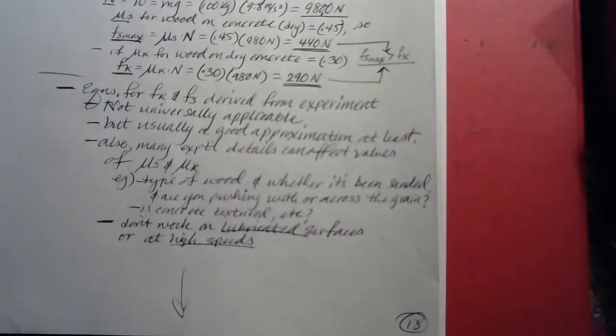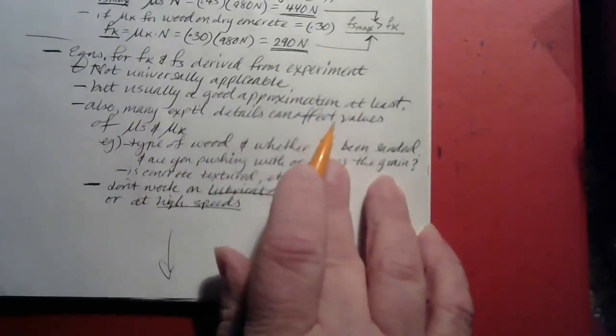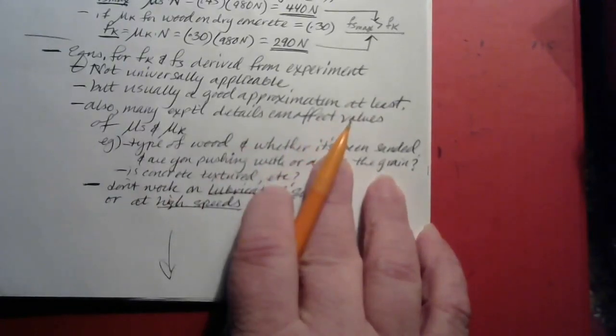And so there are a lot of cases where they don't really work. They're useful in some cases, but you have to be careful in using them. They're not universally applicable, and in many cases, they at best will give you a good approximation of what the forces might be.